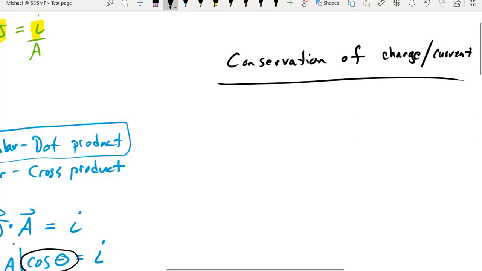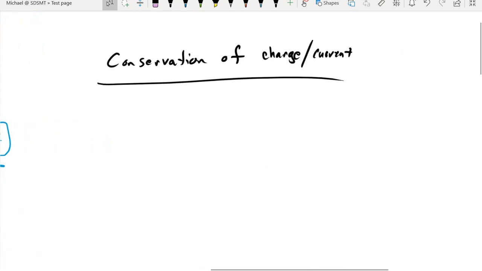There are a lot of conservation laws out there. In Physics 1 we had conservation of energy, there was conservation of momentum. In other courses, you're going to have conservation of charge, conservation of mass, lots of different conservation expressions.